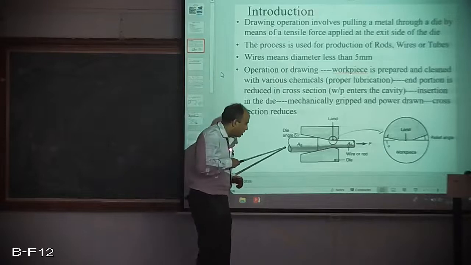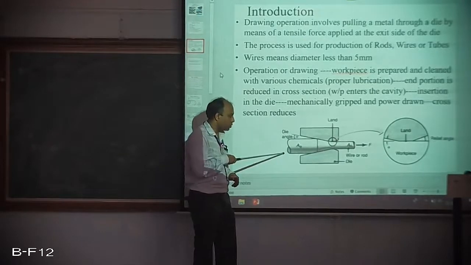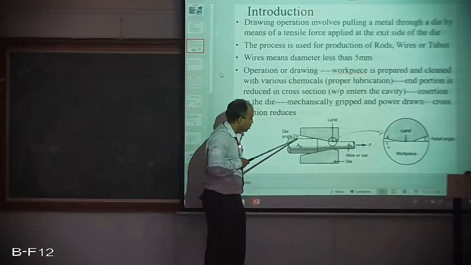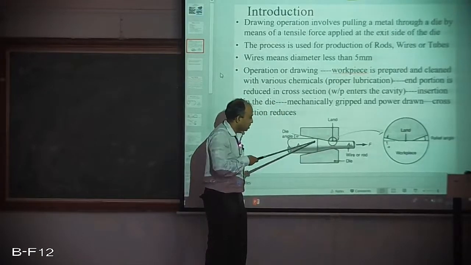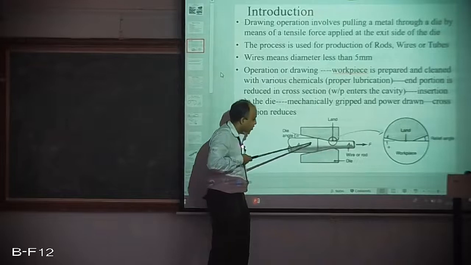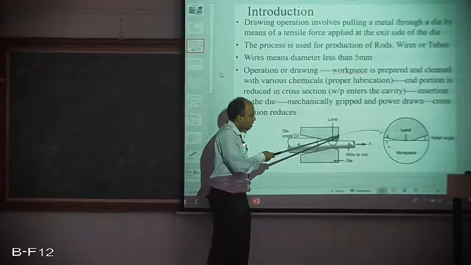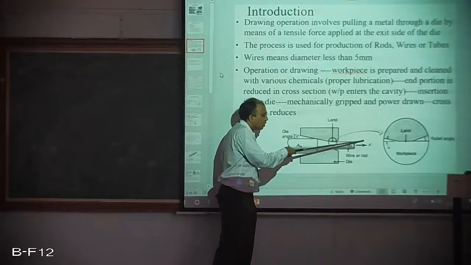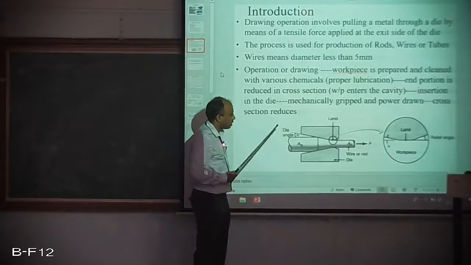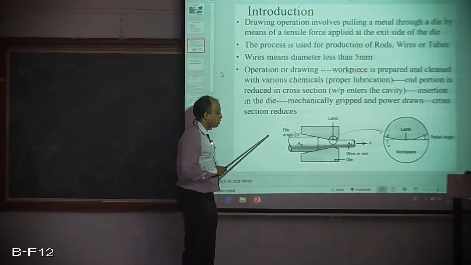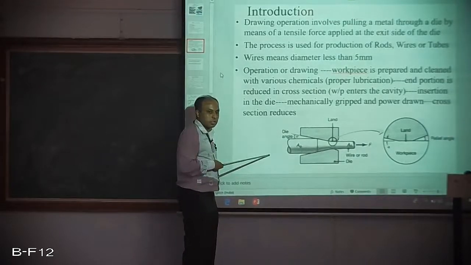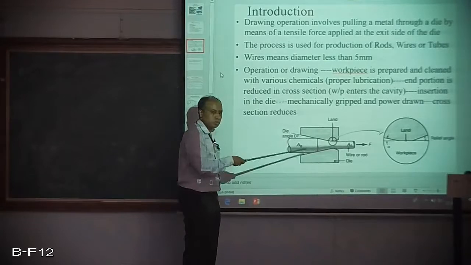In the drawing process, I am applying a pulling force to cause the reduction in the cross section. So tensile forces are coming into action over here. But in the extrusion process, I am trying to push the material through the constricted die. So the dynamics is totally different.